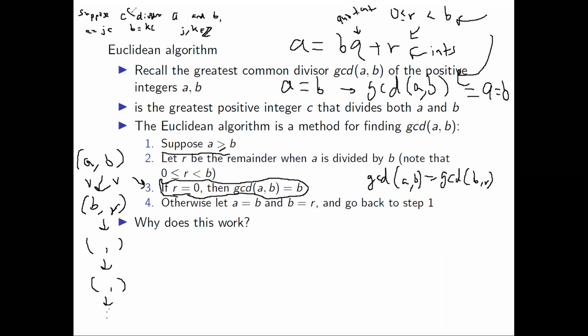And we'll also assume C is an integer, of course. And this means that R, which we know from over here, the R is equal to A minus BQ, which equals JC minus, we'll write it as KC times Q. We can write that as J minus KQ times C. So R is divisible by C.